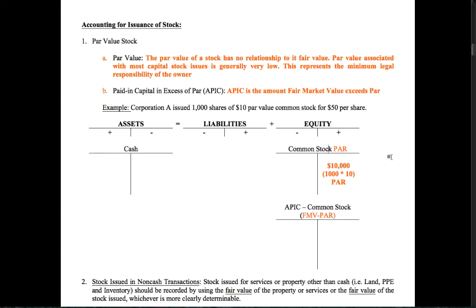This is reflecting the 1,000 shares that were issued times the $10 par value. This is a very key concept to understand between what goes into common stock and what goes into additional paid in capital. One thing that will help you make sure you understand this is that the common stock and the preferred stock, the capital stock accounts, are always reflected at the par value.